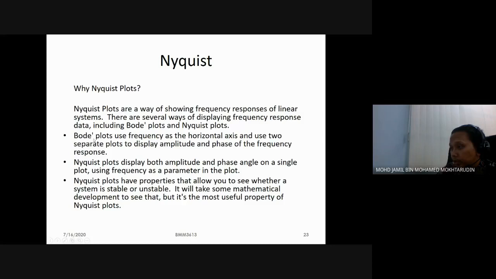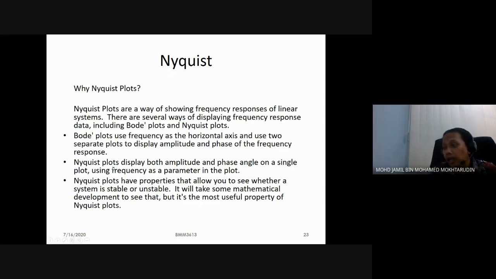The difference between Nyquist plot and Bode plot is that for Bode plot, the horizontal axis is in terms of log frequency, and the Bode plot has two separate plots, one for magnitude or amplitude and one for the phase.